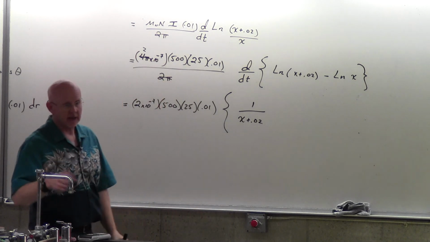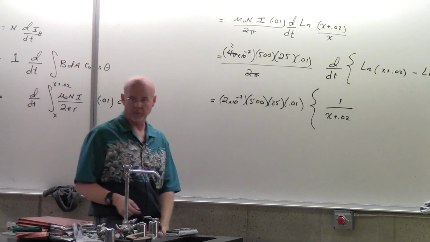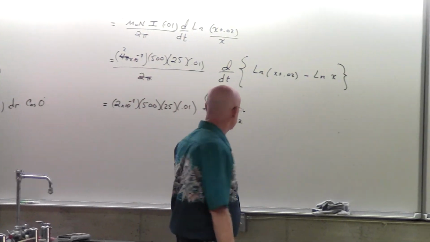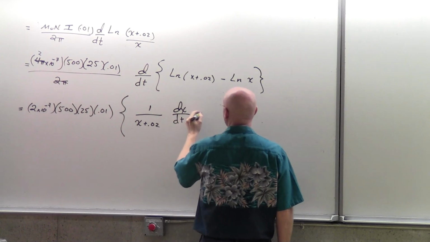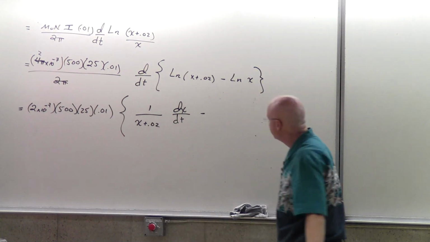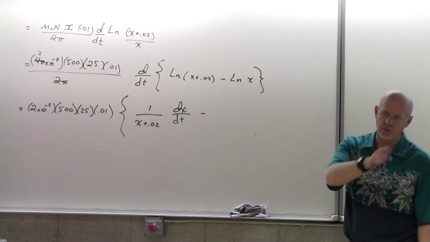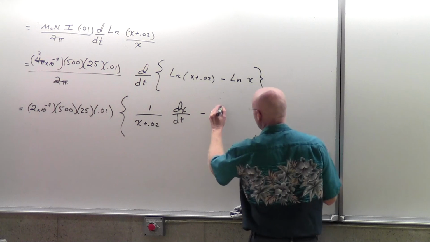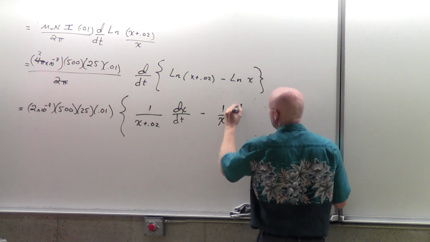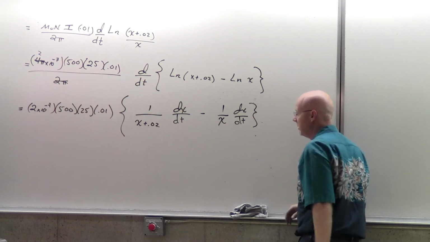And now let me take the derivative of that, because the derivative of ln of x plus 0.02 would be 1 over x plus 0.02 plus the chain rule. And that would be the part that changes with time. How does x change with time? Let me take the derivative of this one, which would be 1 over x times dx dt.